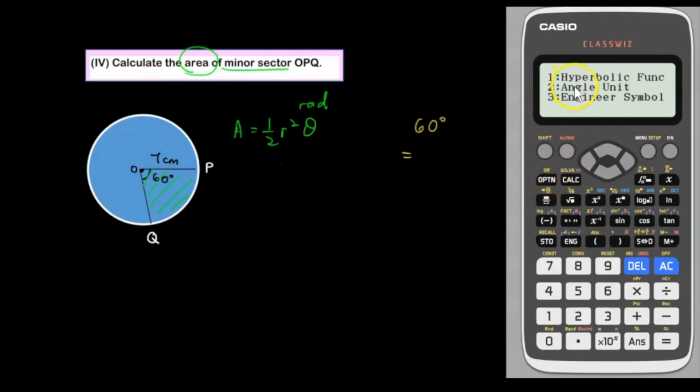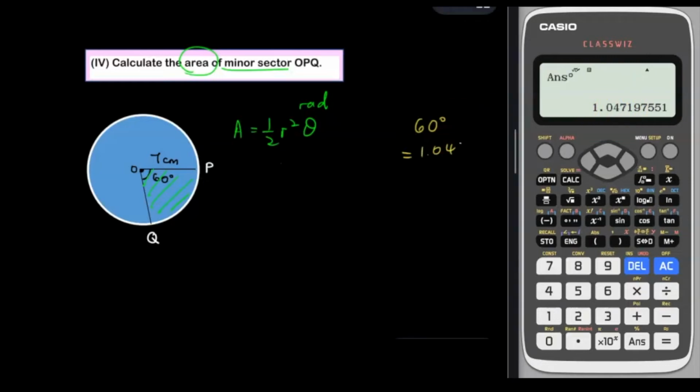Okay, then after that you press angle unit number 2. Okay, and then our question is in degrees, so we press number 1. Okay, then we press equals, so we get 1/3 pi, and we want to change it to decimal, it becomes 1.047. Okay, so we're going to use 1.047, and this is in radian. Okay, so this will be our theta.